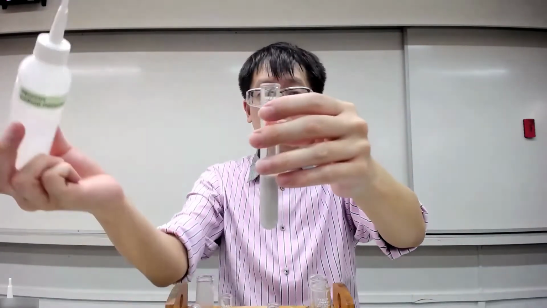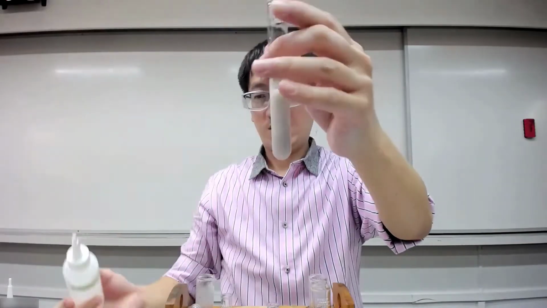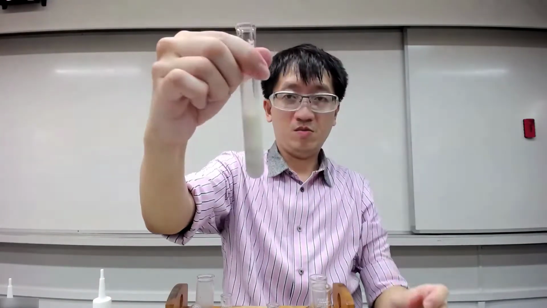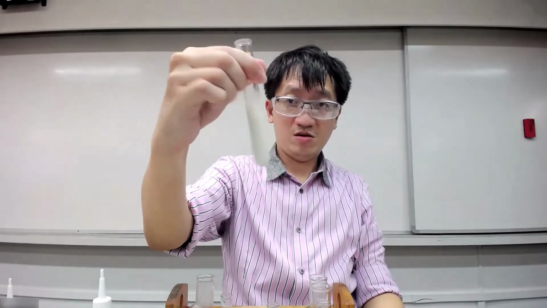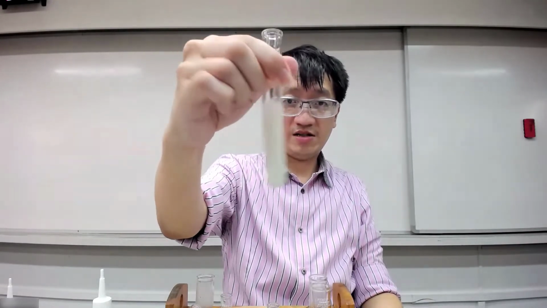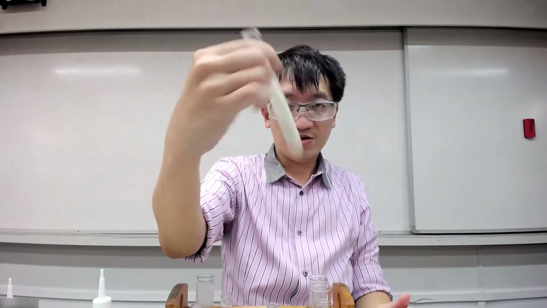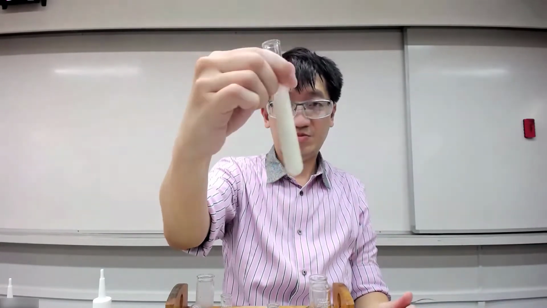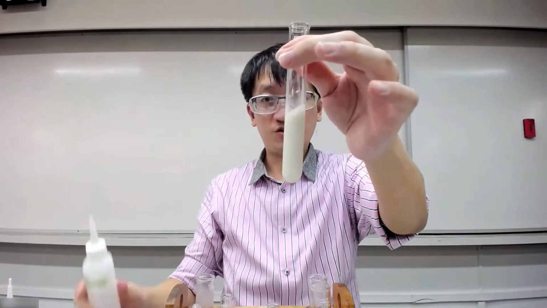Yep, so this is what you should be observing. If you add a little bit more, remember the swirling technique? So this is the white solution. No, sorry, not white solution, the white PPT. Yep, so this is what you should be observing.